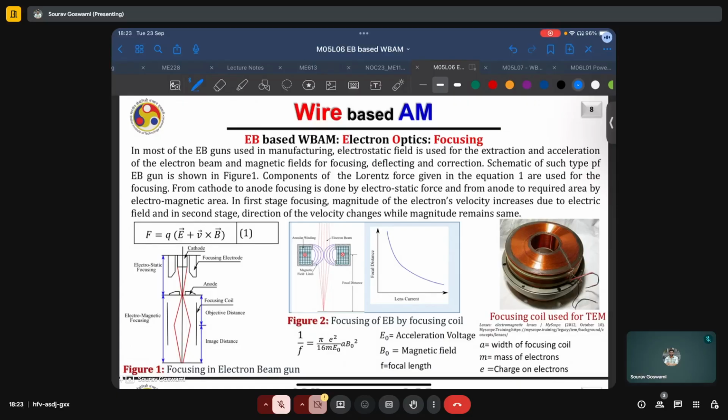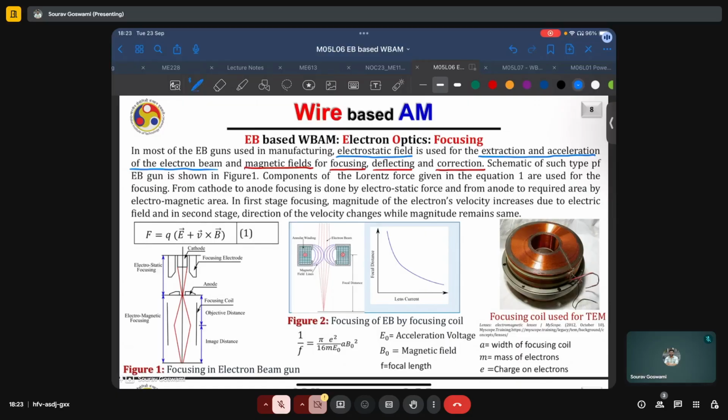So we require focusing and deflection. In most EB guns, an electrostatic field is used for extraction and acceleration of the electron beam, whereas a magnetic field is used for focusing, deflecting, and correcting the beam.